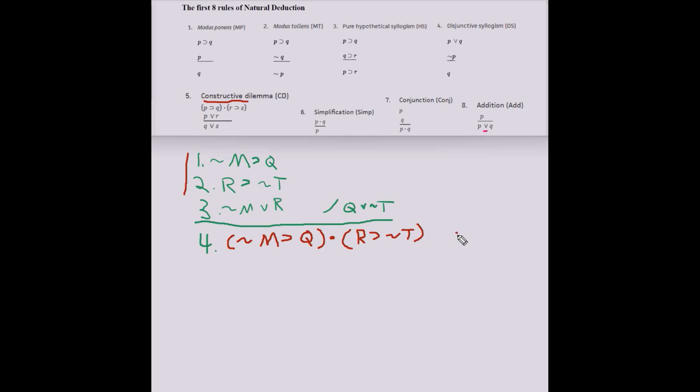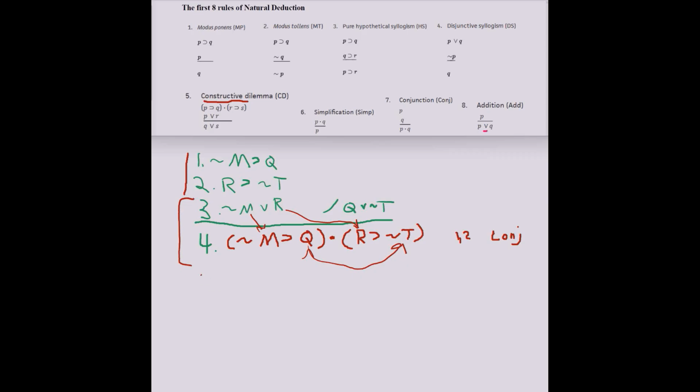And this was from lines 1 and 2, and the rule is CONJ, conjunction. So once I have that, I have everything I need using these two lines to do constructive dilemma. I know this or this is true. So I can conclude that this or this is going to follow.